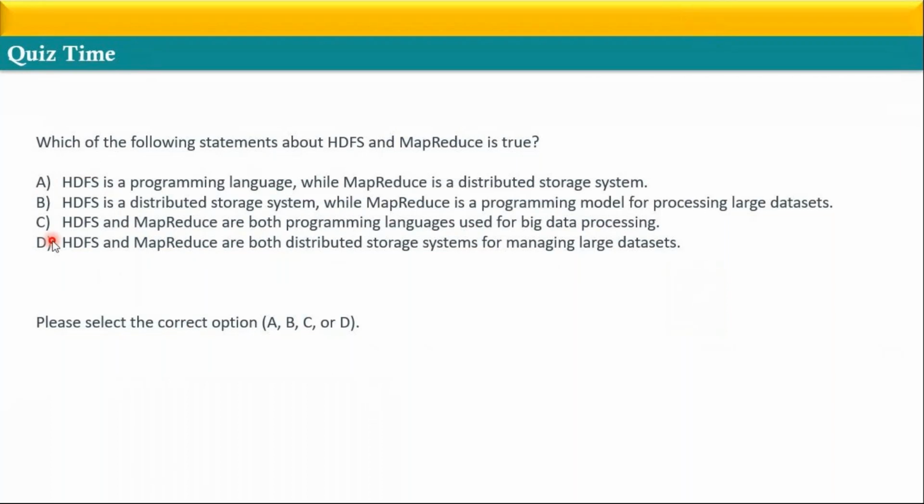I want the participation from all of you. Try to be more interactive, go through the question, and tell me the correct answer. I think D is the correct option. Okay, one is saying D and one is saying B. B option.